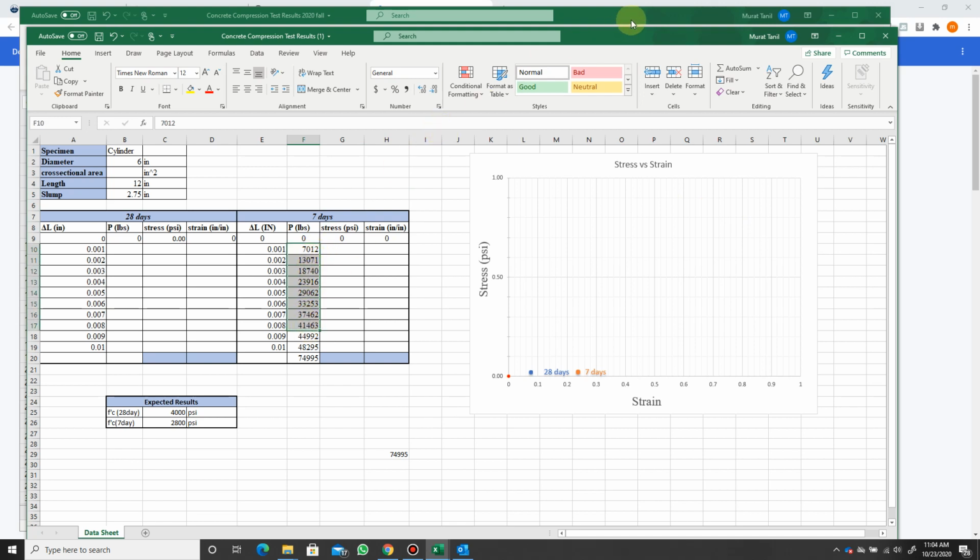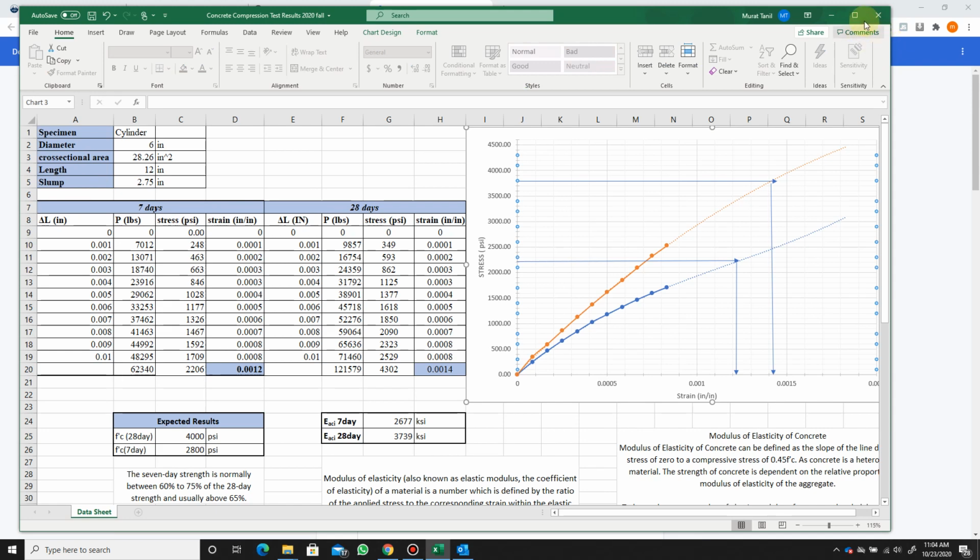So for 7 days, you can calculate the stress by dividing the applied load by the cross-sectional area, but since you don't have the given deformation, the change in length, you're not able to calculate the strain value. For this reason, we have to calculate the strain value manually. Okay, let's close this. Now we can go back.